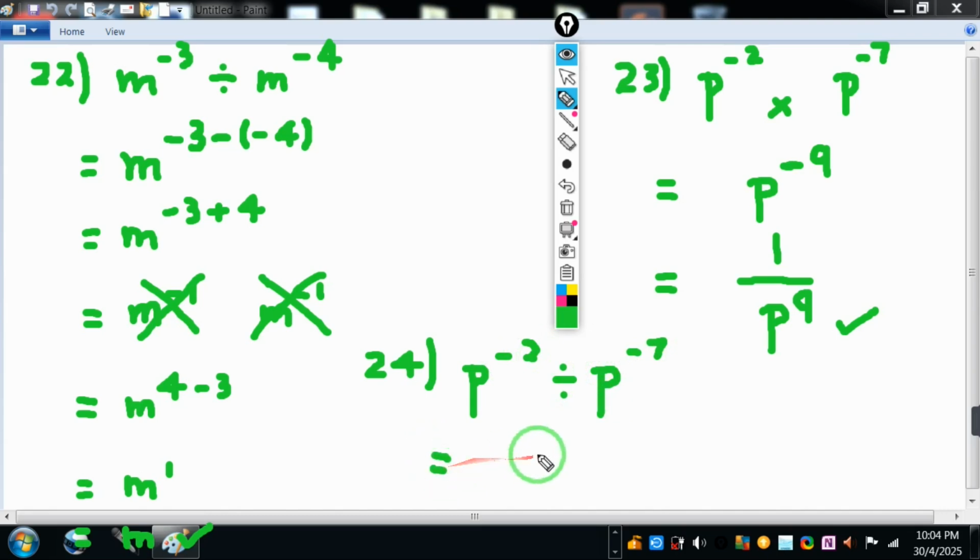Straight away, one liner. Do it all in your mind, okay? Minus 2 minus 7. Minus times minus is plus, plus 7 minus 2 is a 5. Teacher can do like that? Nope. Sir, can we do like that? Please don't. Because you're not showing the steps.